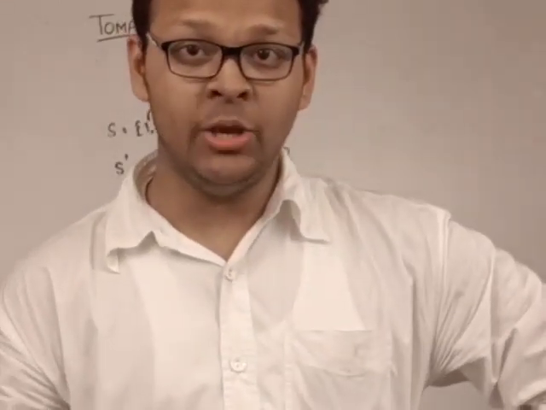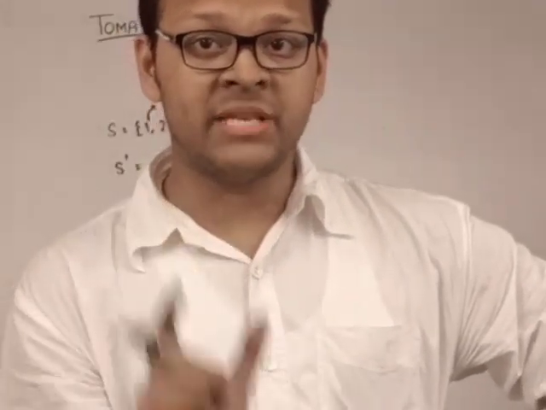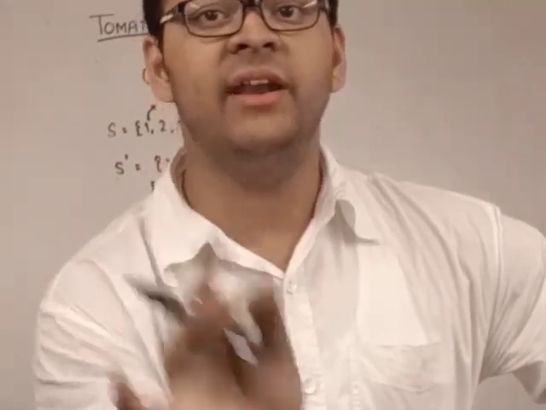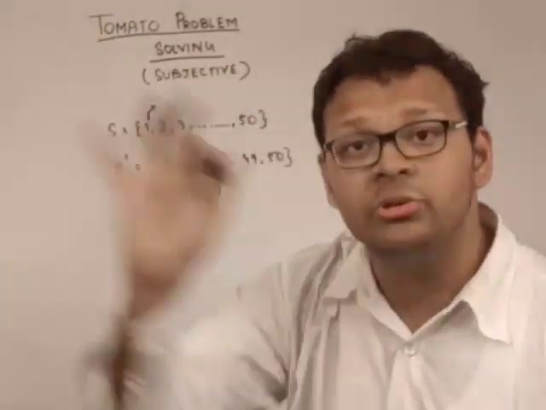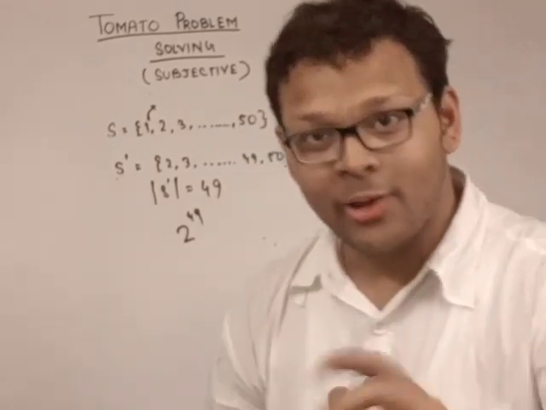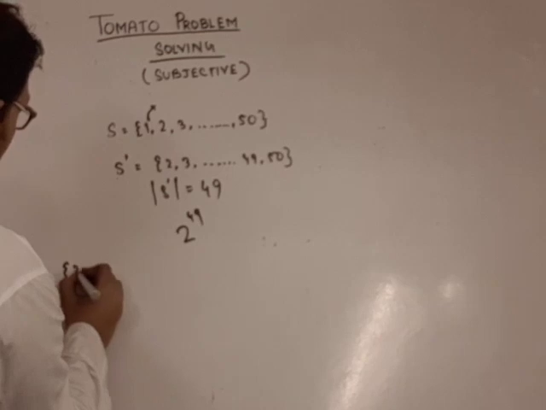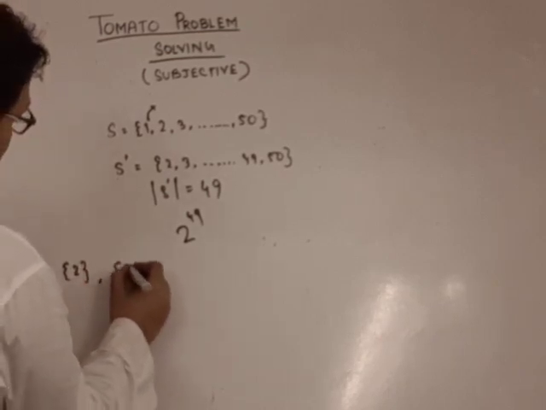Now if among the 2 power 49 subsets you have a subset whose sum is an even number, then your 1 was left out, so just include the 1 there. I hope I am not very clear, so let me just explain. The subsets are of this form.